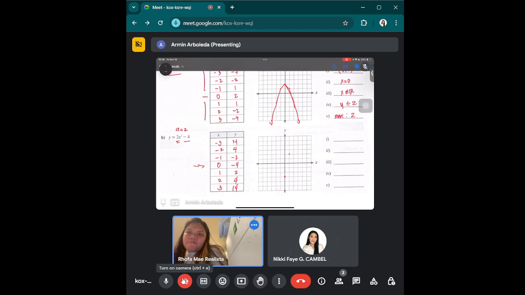It's 14. Let's assume that it's around here. Okay? Reflect it on the other side. So, yan yung parabola natin. It's gonna be very narrow. Pag mag-answer ka ng worksheet mo, pagandahin mo na lang.